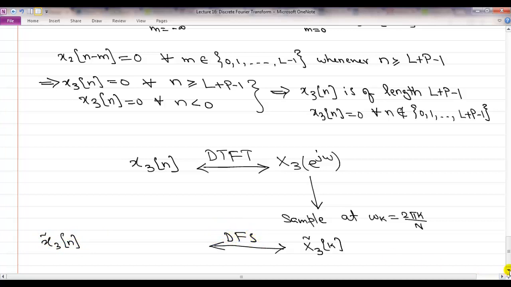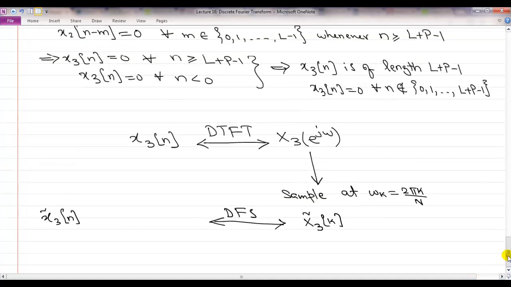which is given by periodic repetition of our original sequence, where the repetition is with the period n.